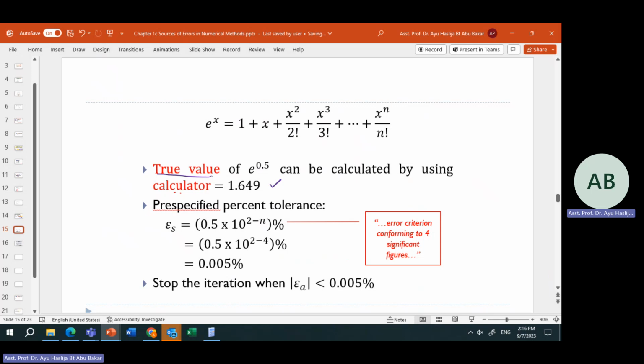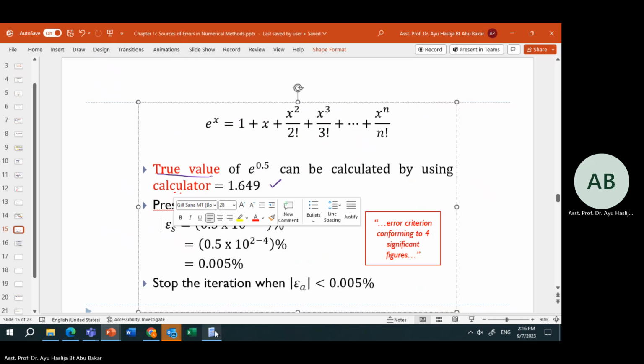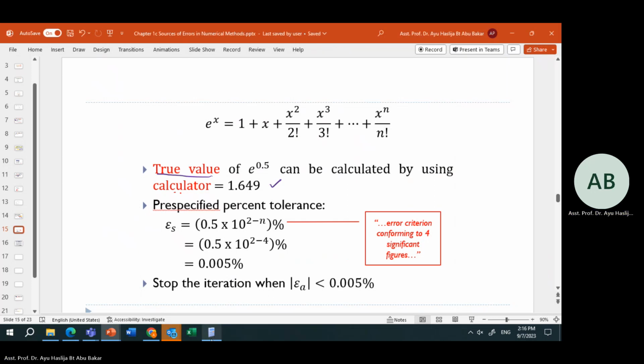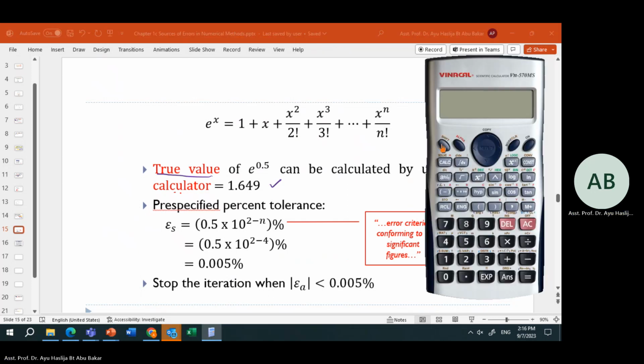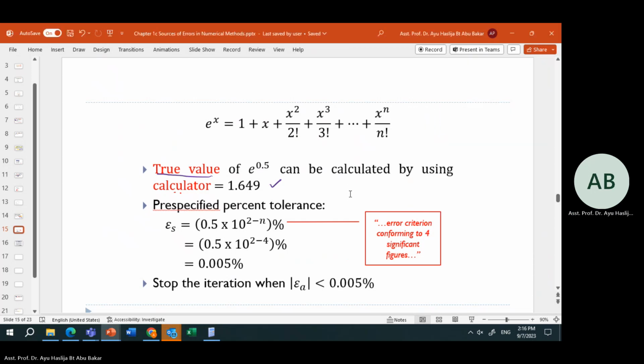E power 0.5, you get the same value. Now the ES we already got just now is 0.005. So you must stop when your EA is below this value, below ES.